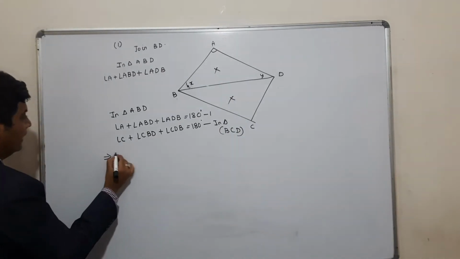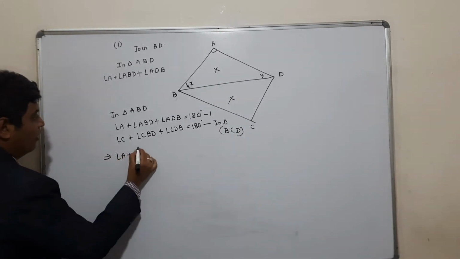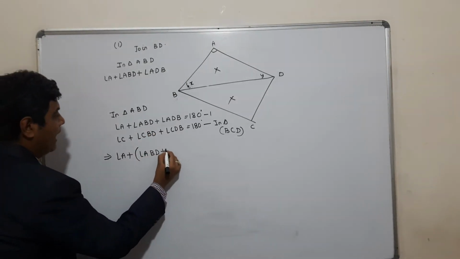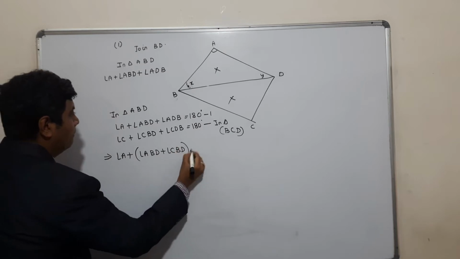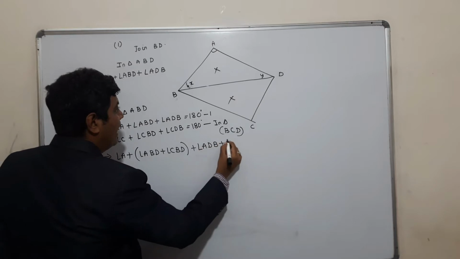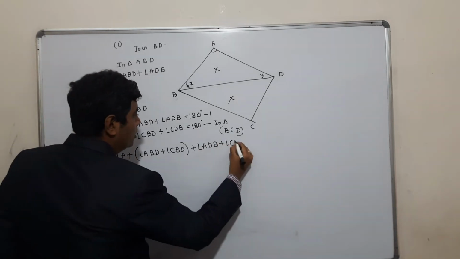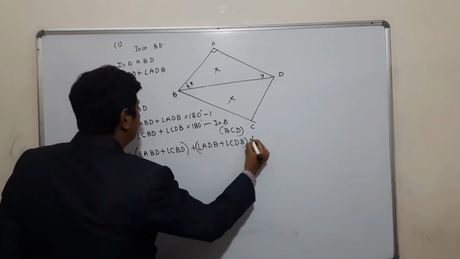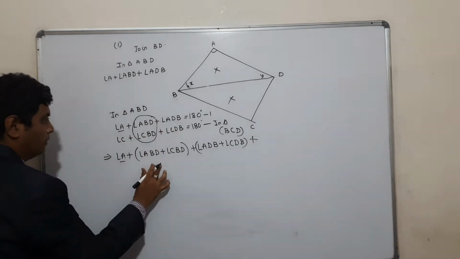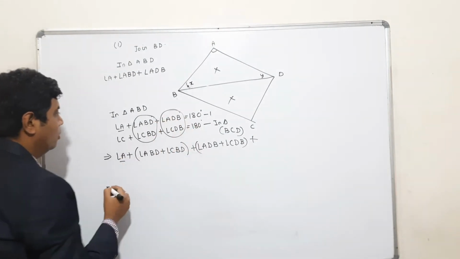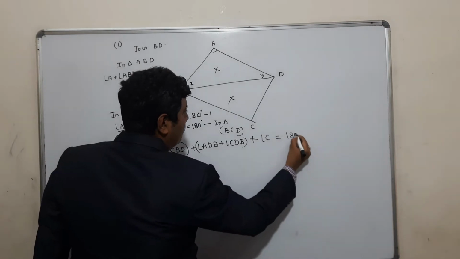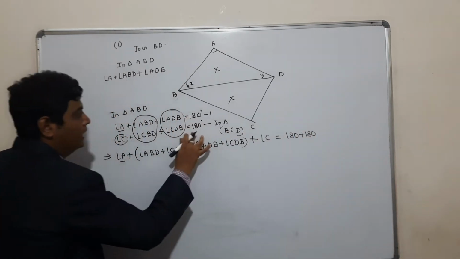So therefore can I say angle A plus, now what is this? I will add both of them. So angle ABD plus angle CBD plus angle ADB plus angle CDB plus angle C is equal to 180 plus 180. I have written this angle first, then this and this together, then this and this together. I am adding both of them, 180 plus 180.